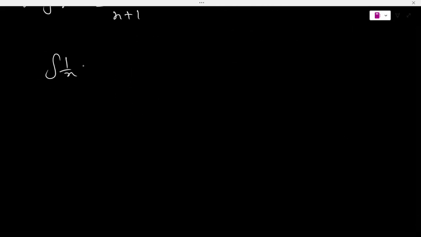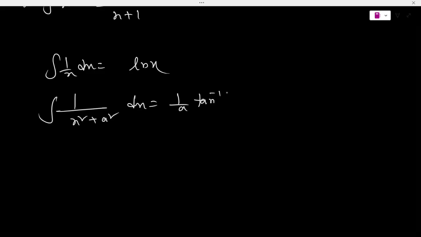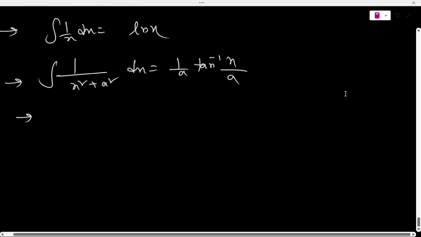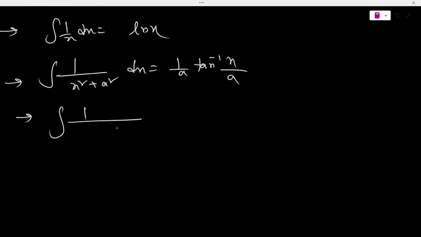Integration of 1 by x dx will come out ln x. Integration of 1 by x square plus a square dx will come out 1 by a tan inverse x by a. And the other one is integration of 1 by root over a square minus x square dx, which will come out sine inverse x by a.